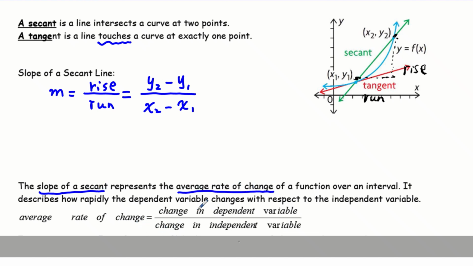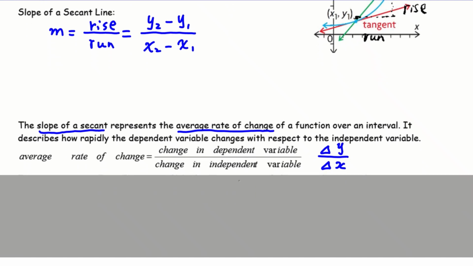It is the change in the dependent variable, that is your y value, divided by the change in the independent variable, that is x. The change, we could represent with the symbol delta. So delta y divided by delta x is (y2 minus y1) over (x2 minus x1). That is xy notation.